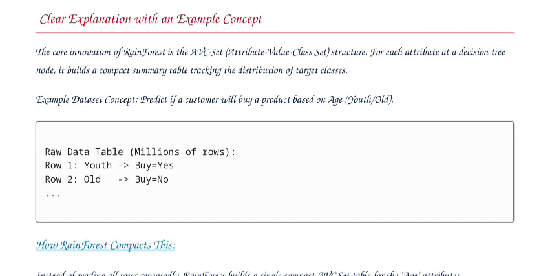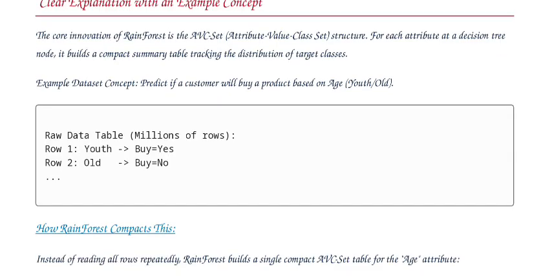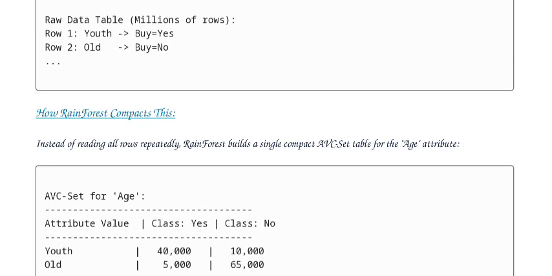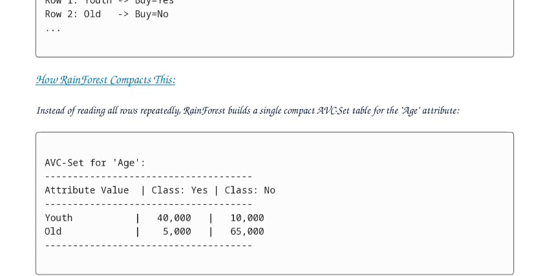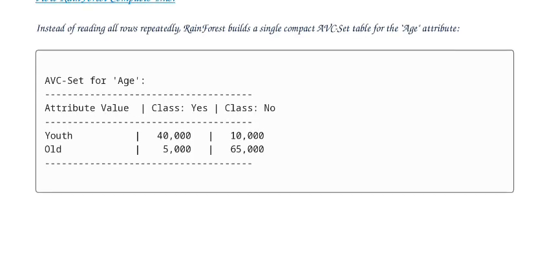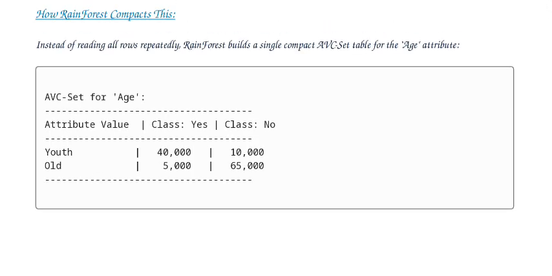Example dataset concept: predict if a customer will buy a product based on age, youth or old. How does Rainforest compact this? Instead of reading all rows repeatedly, Rainforest builds a single compact AVC set table for the age attribute.